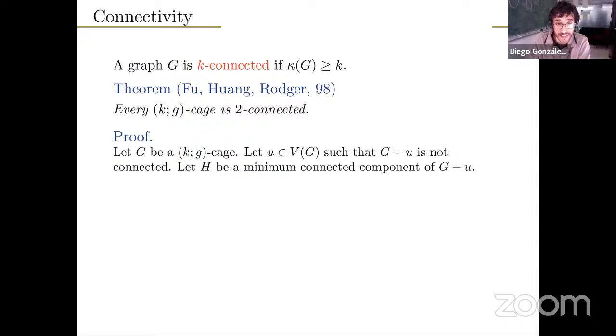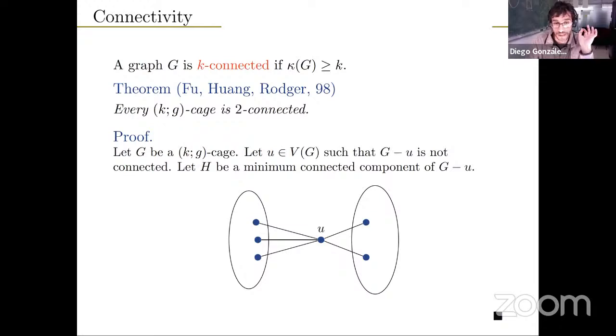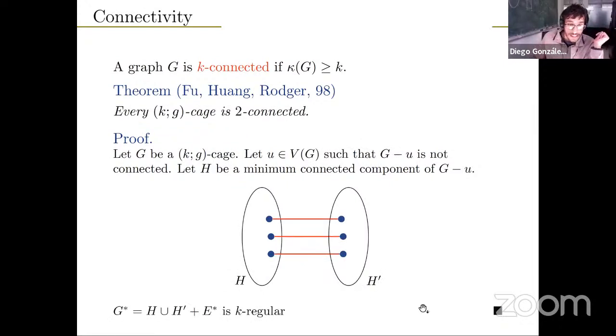We assume that we have a k-g cage that has a vertex cut, that is a vertex U such that when we delete U from G, the graph is not connected. And consider a minimum component of G minus U. So here we have the picture, here we have my minimum connected component, and in this case, we do the same thing. We construct a new graph with fewer vertices than the original graph, and in such a way that the resulting graph is regular and has girth at least g.